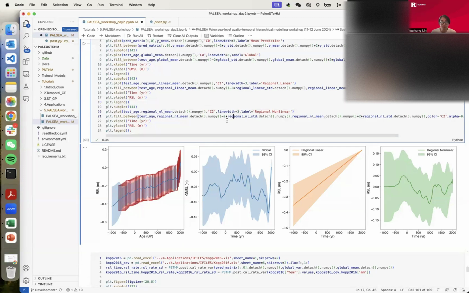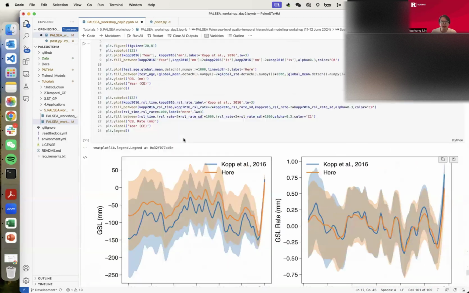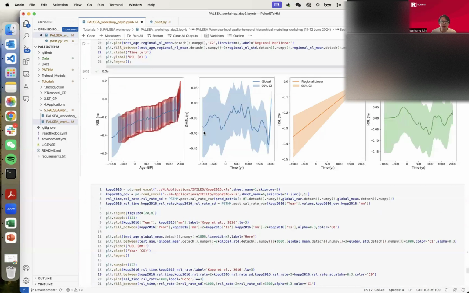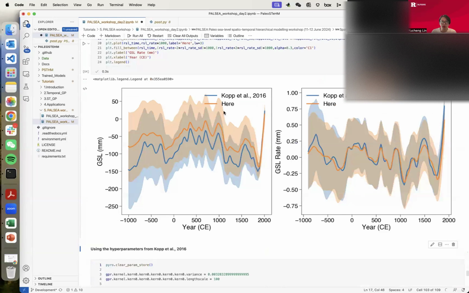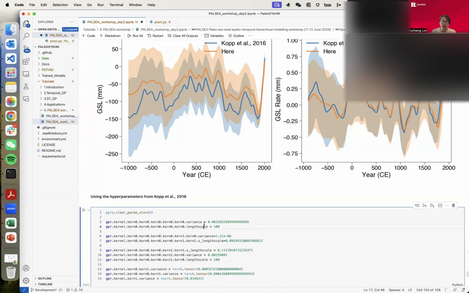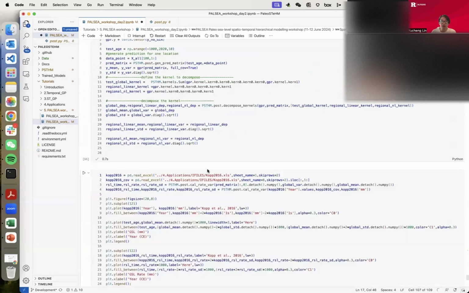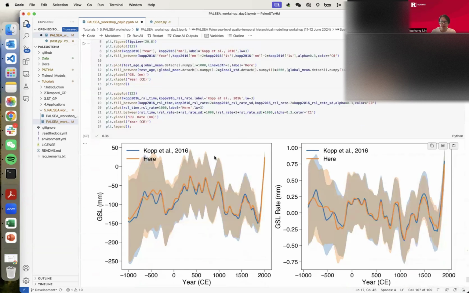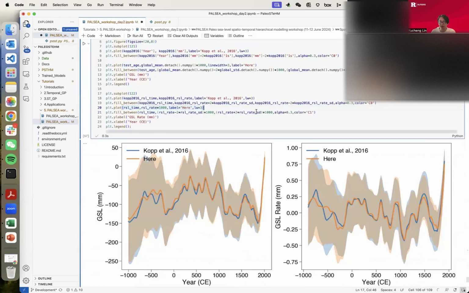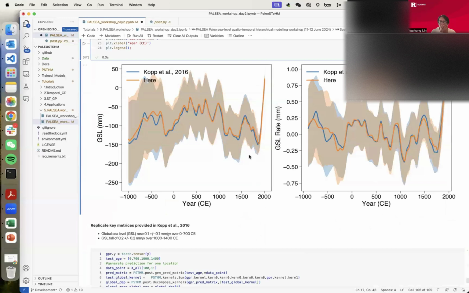Then I compare our reconstruction with Kopp et al. 2016. The reason they are slightly different is that we are using different optimization algorithms. But if I use the same hyperparameters as Kopp et al. 2016, we can well replicate their results.